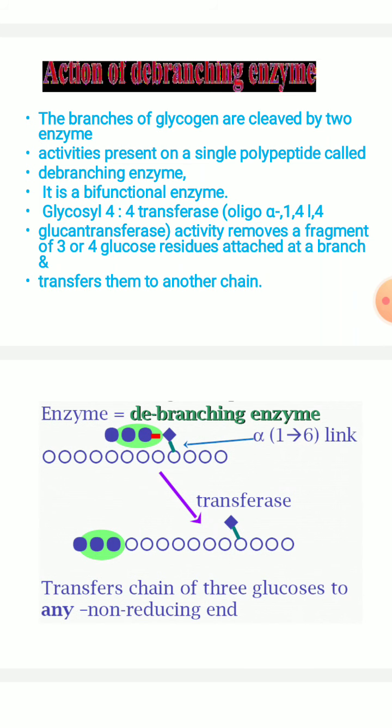One enzyme activity is glycosyl 4 transferase, also called oligo alpha 1,4 alpha 1,4 glucan transferase, which removes a fragment of 3 or 4 glucose residues attached at the branch point, that is the alpha 1,6 link, and transfers them to another chain by the transferase activity.